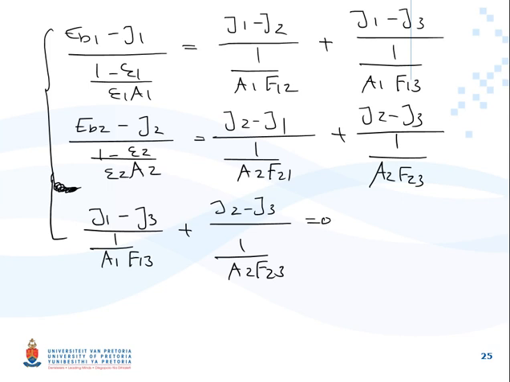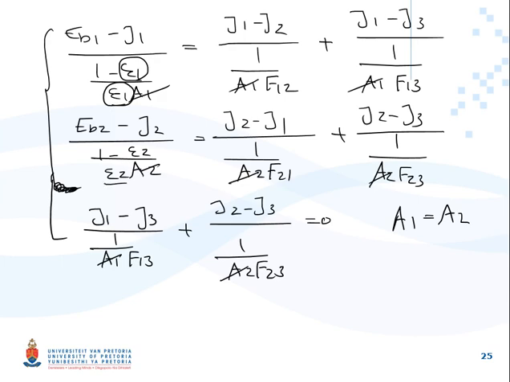So A1 is equal to A2, am I right? So we can remove A from everything. We don't need A here because they are the same. We also have the epsilon numbers, we can put them in.